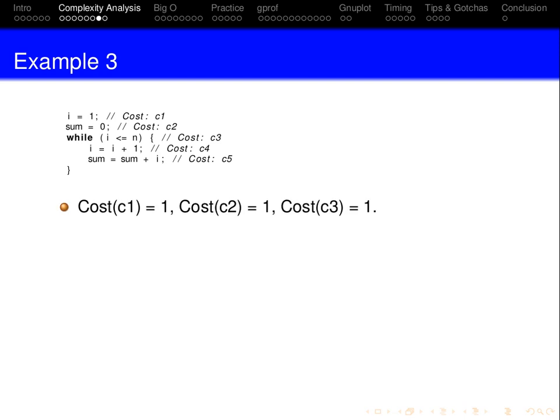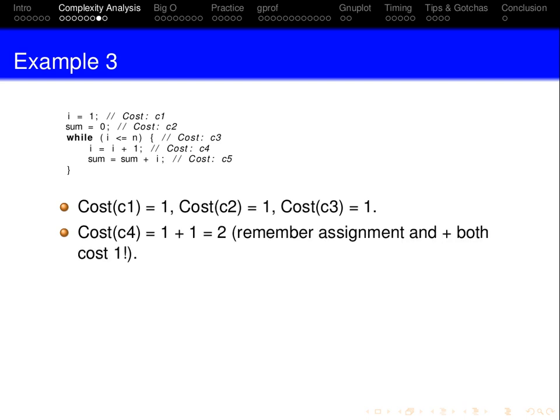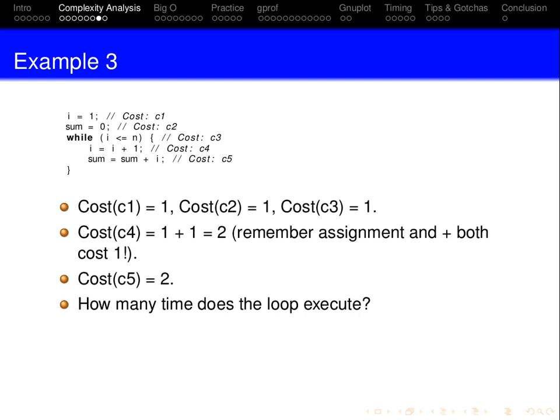What's the cost of C4? 2. And what's the cost of C5? 2. All right, so those cost values are just for that line. What did I say next? How many times does a loop execute? N times. Perfect.